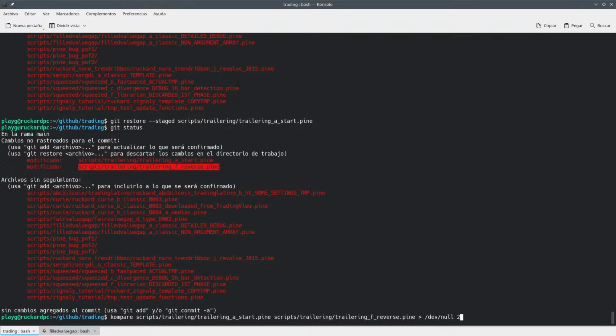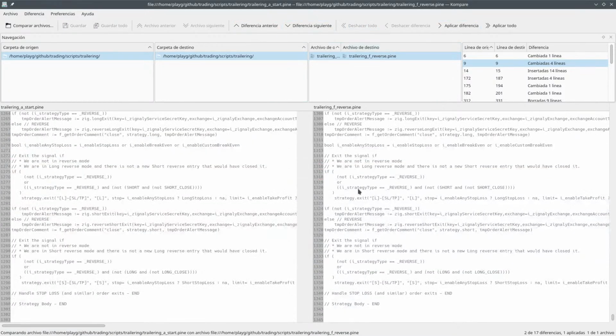Okay, this will help me to modify this thing here with, oh wait a moment.